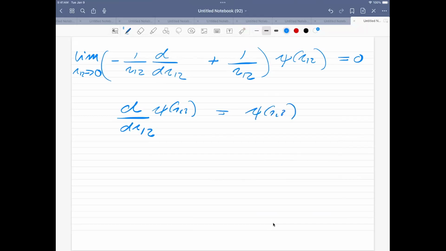And this is an equation we know how to solve, which means that psi of R12 in this case has to be proportional to e to the R12. If you have an attractive interaction, you have a minus sign in front of the interaction, and you get a minus sign.